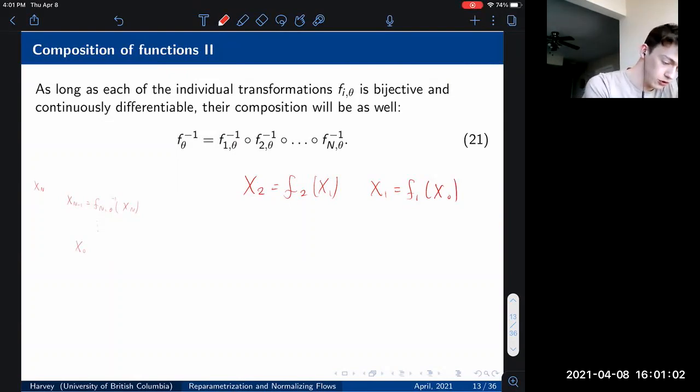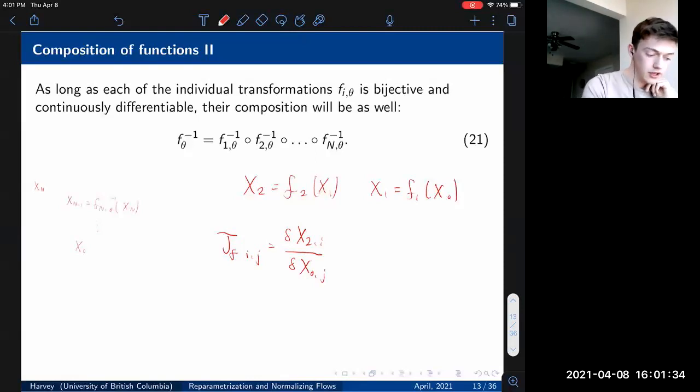Then we want the Jacobian of f at row i, column j. This is the partial derivative of x2 i, the ith element of x2, by x0 j, the jth element of x0.